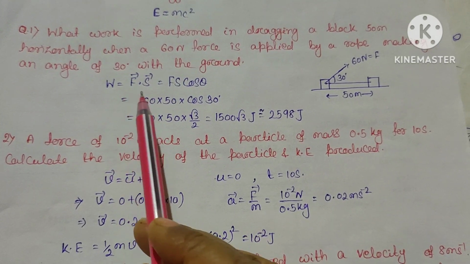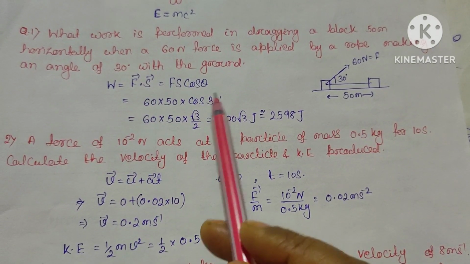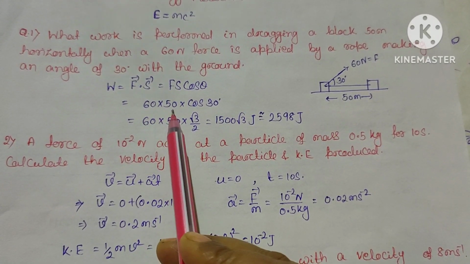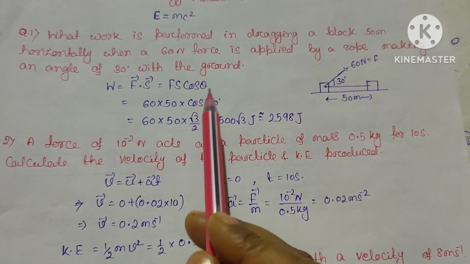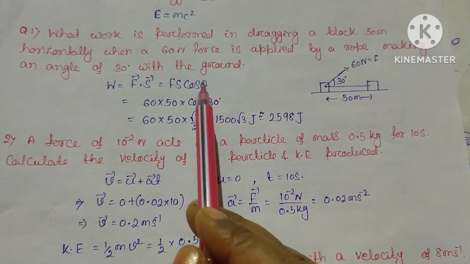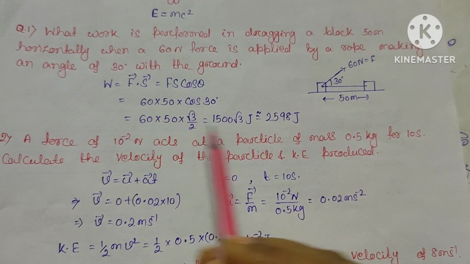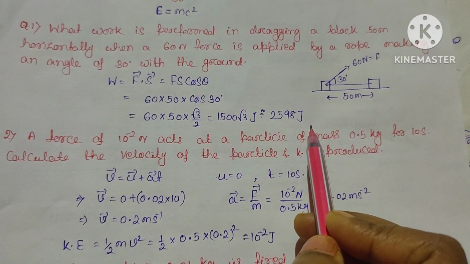So W equal to F dot S will be equal to Fs cos theta. F is 60 Newton into the displacement 50 meter into cos 30 degree. Cos 30 is root 3 by 2. So by calculating, we will get 2598 joule.